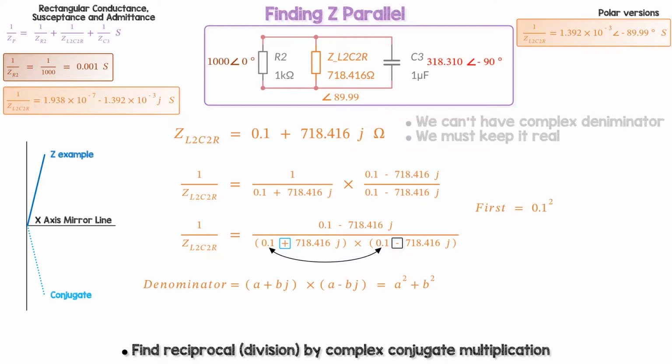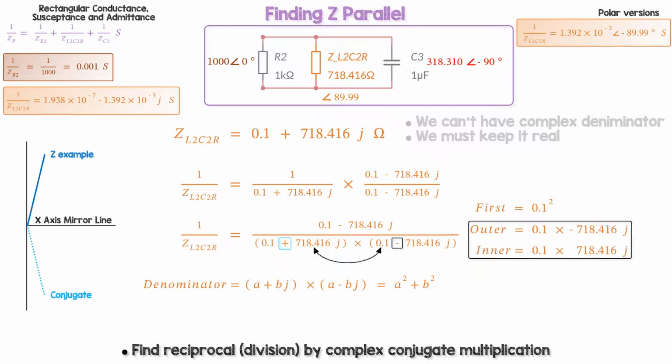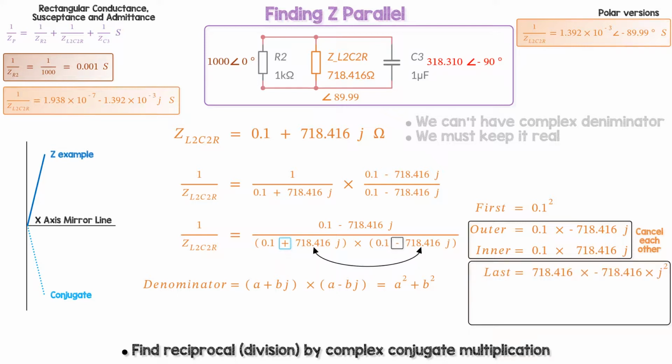The outer terms is 0.1 times negative 718j. Don't forget the j. The inner two terms is 0.1 times positive 718j. And when you add those, they cancel each other out. And finally, we've got the last two terms, which is 718 times minus 718 times j.